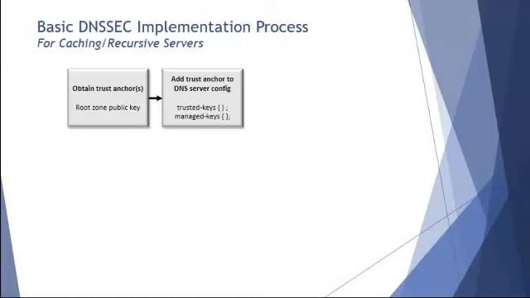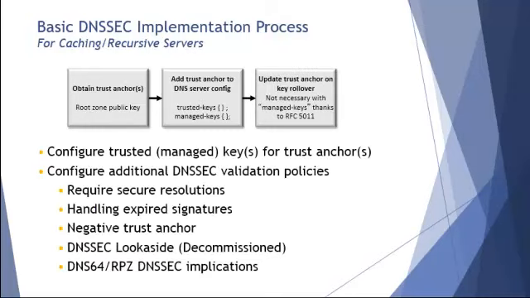With ISC BIND, for example, you can use a trusted-keys statement within your named.conf file, or managed-keys, which actually follows along with the internet. It queries the root periodically to be able to update with changes.